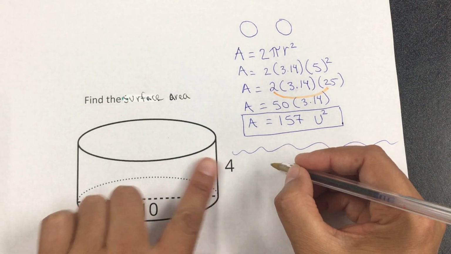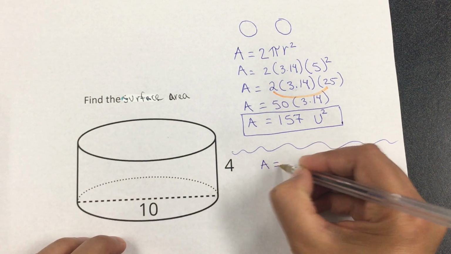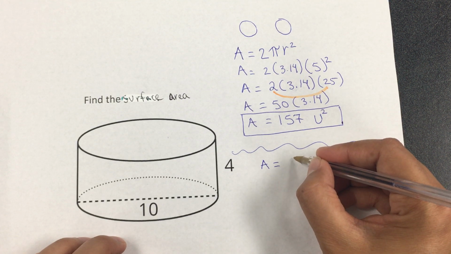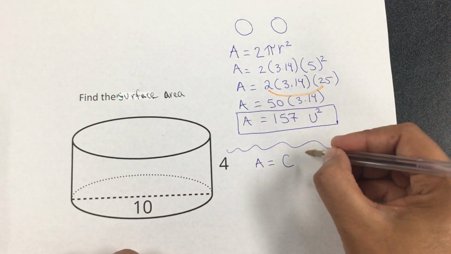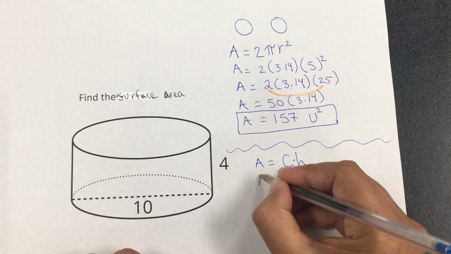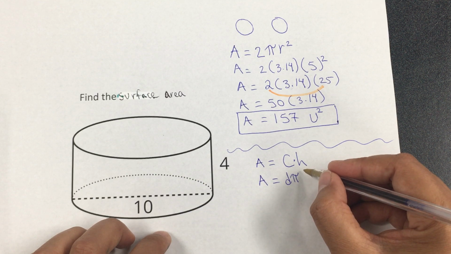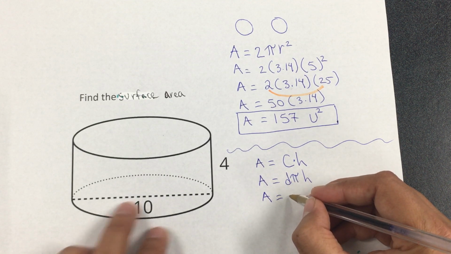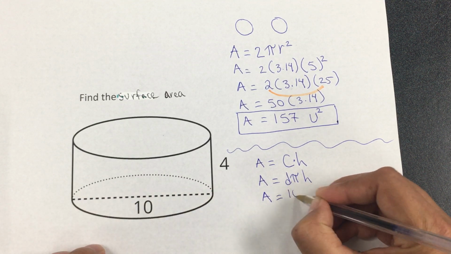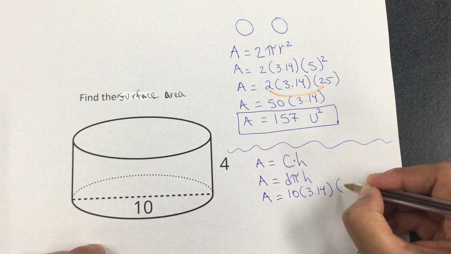Let's find the area around the cylinder. So that's going to be area is equal to, remember, the circumference, which becomes the base of that rectangle, times the height. And so the circumference is d times pi, and the height, which we can replace now with the d, the diameter, meaning 10, pi is 3.14, the height is 4.